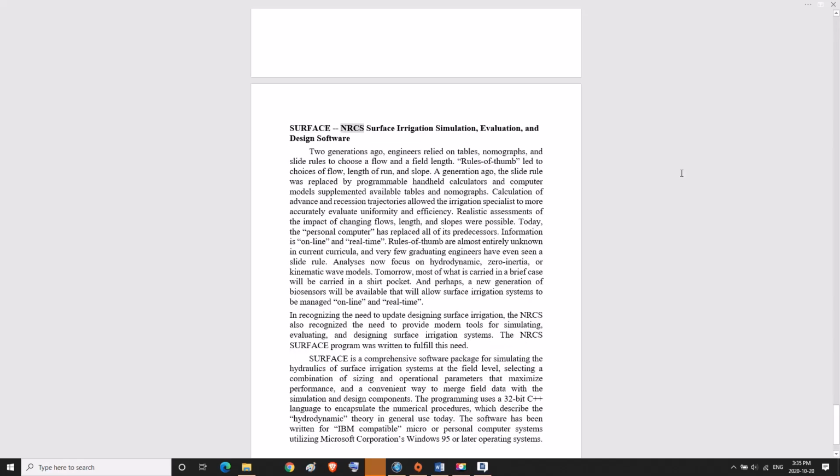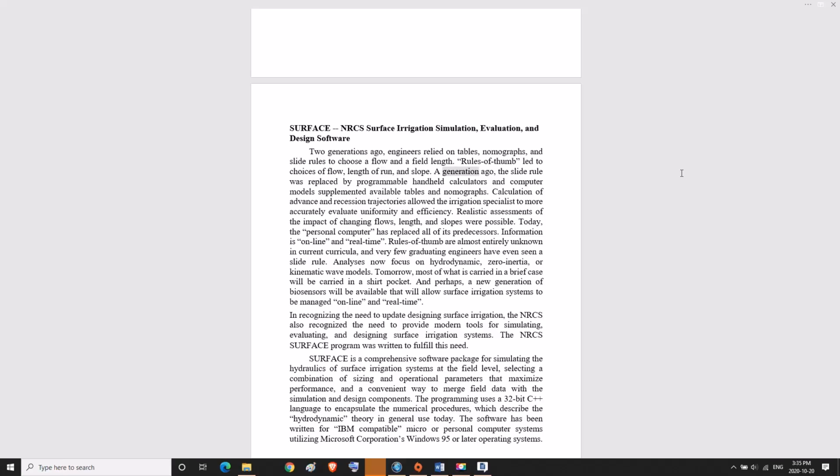Surface, NRCS Surface Irrigation Simulation, Evaluation, and Design Software. Two generations ago, engineers relied on tables, nomographs, and slide rules to choose a flow and a field length. Rules of thumb led to choices of flow, length of run, and slope.